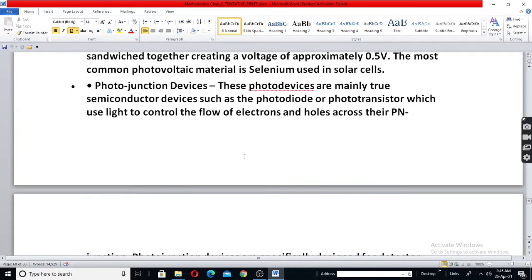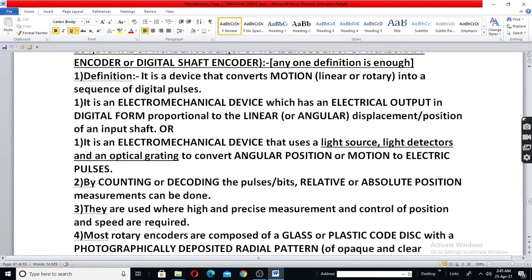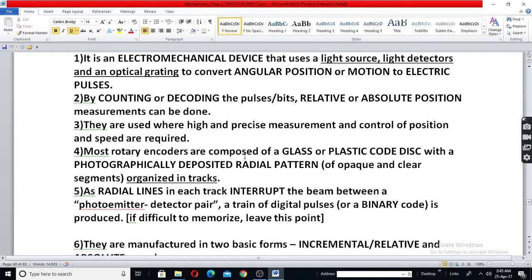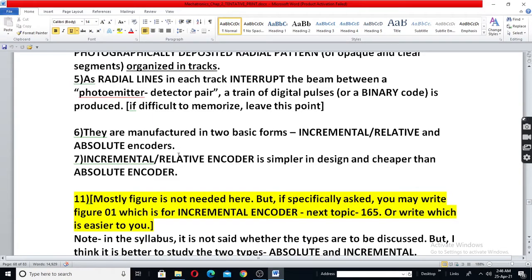In your syllabus, it is not mentioned whether you have to study both or which one. Here there are two types, absolute encoder and relative encoder. Relative and absolute.